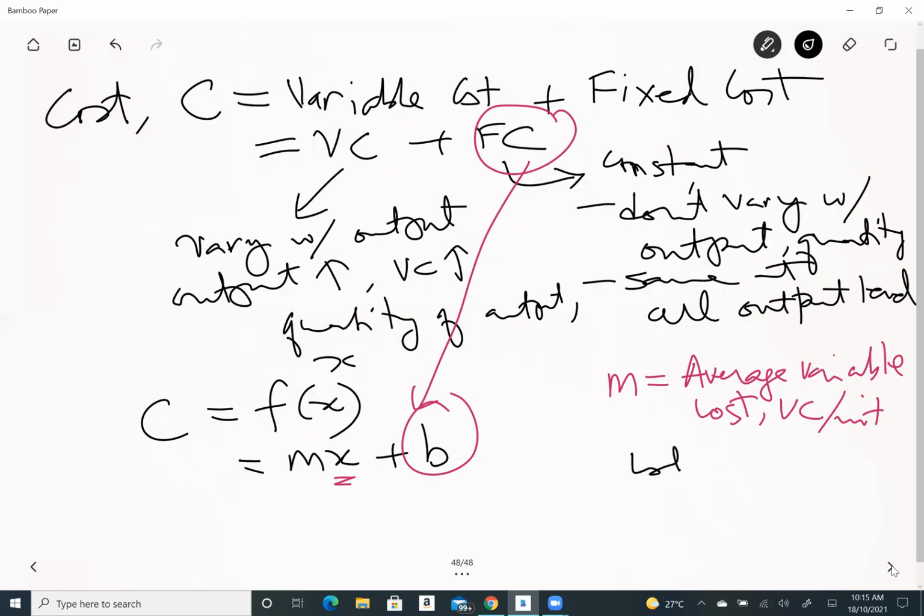In order for you to produce tea, you have to have some inputs. So generally in economics, you have the cost.